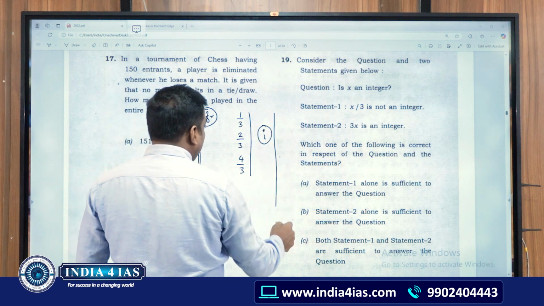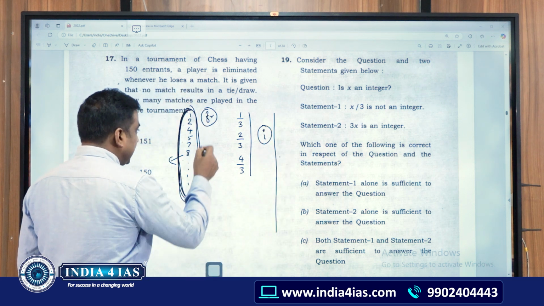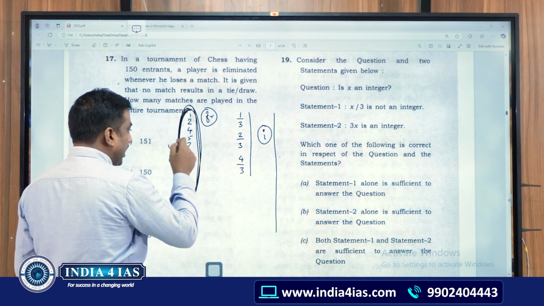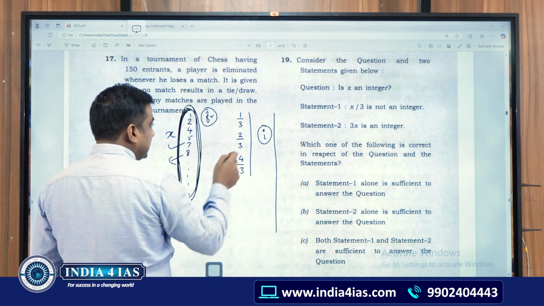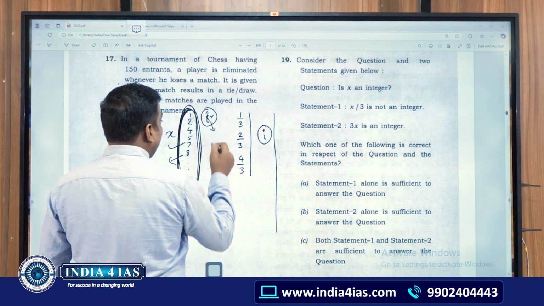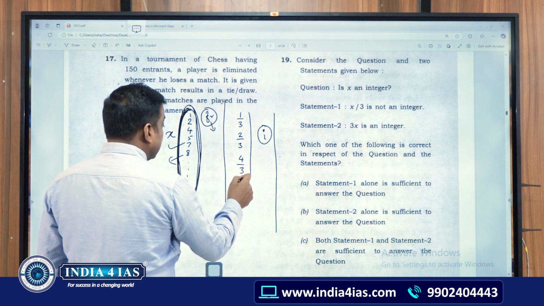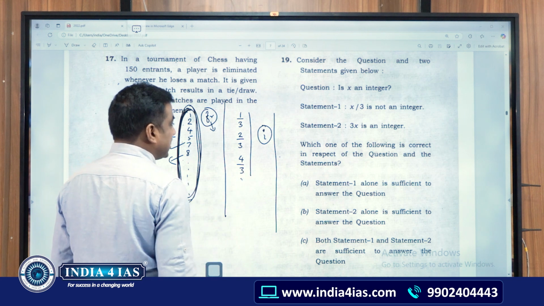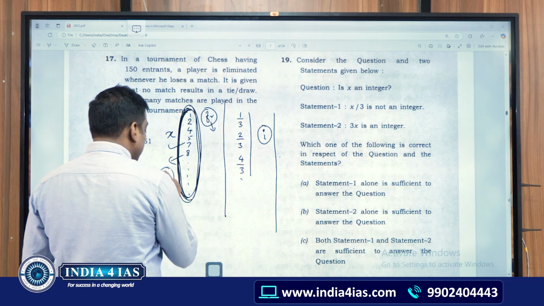Here it can be any integer. So this is a smaller set. x can take any value of this. Now, this can be any fraction. In this case, it has to be these particular fractions only. That means it can be a fraction also.